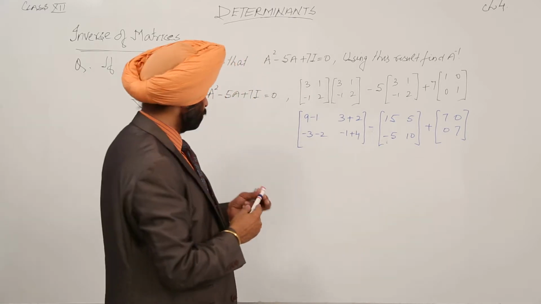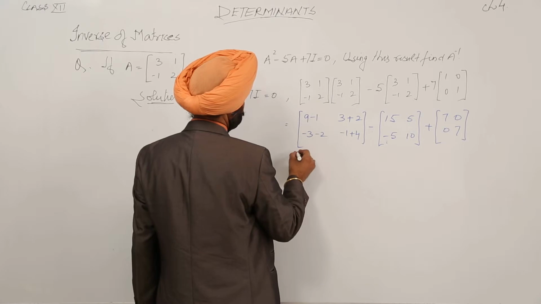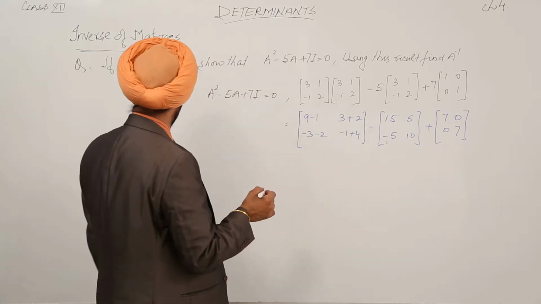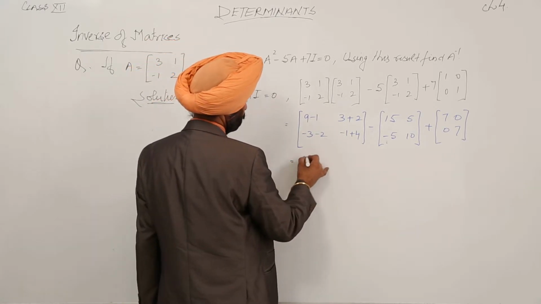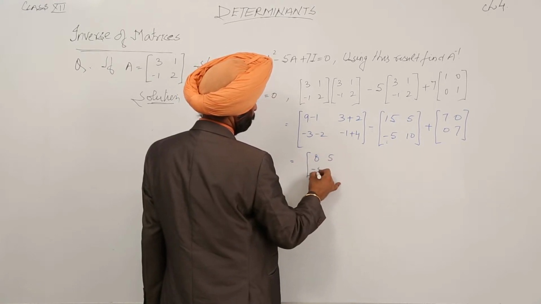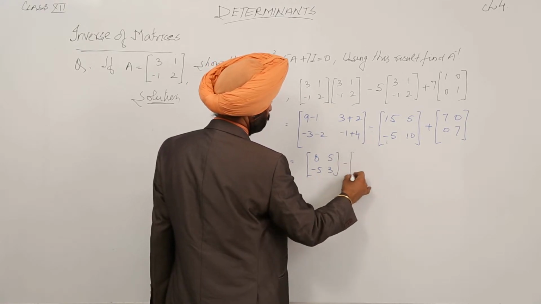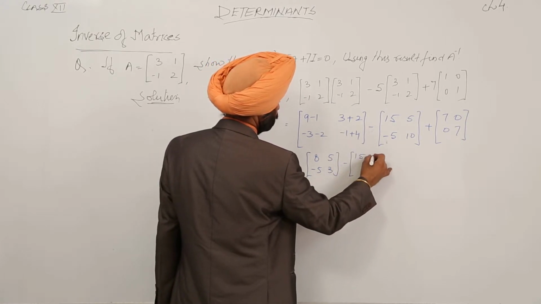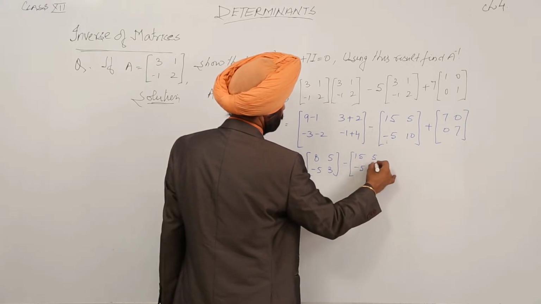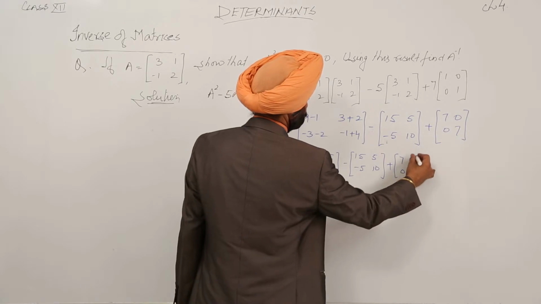Now further this becomes [8, 5; -5, 3], minus [15, 5; -5, 10], plus [7, 0; 0, 7].